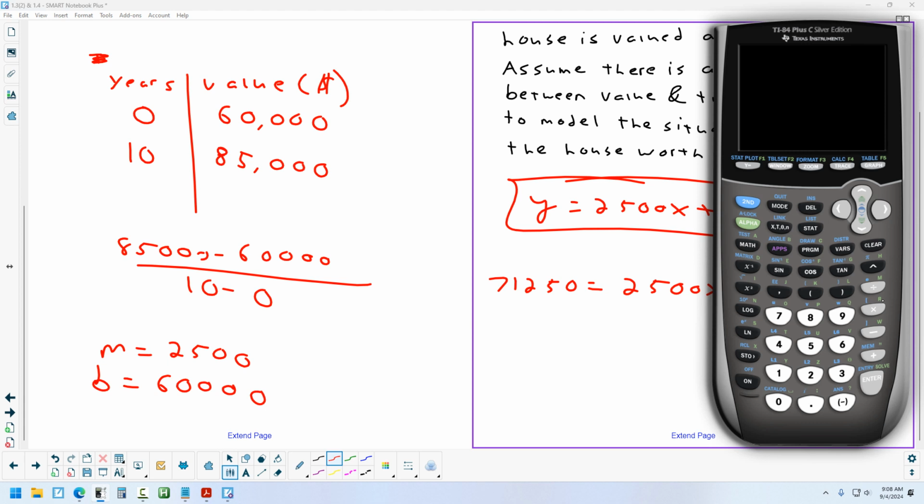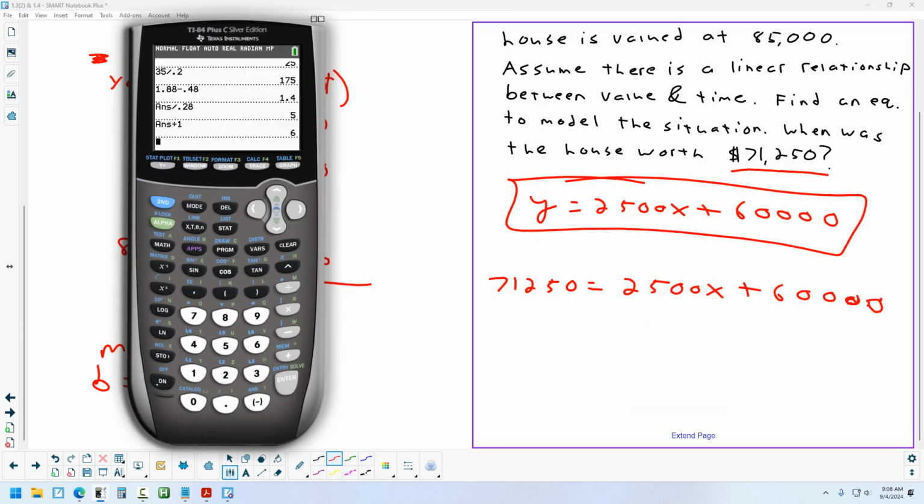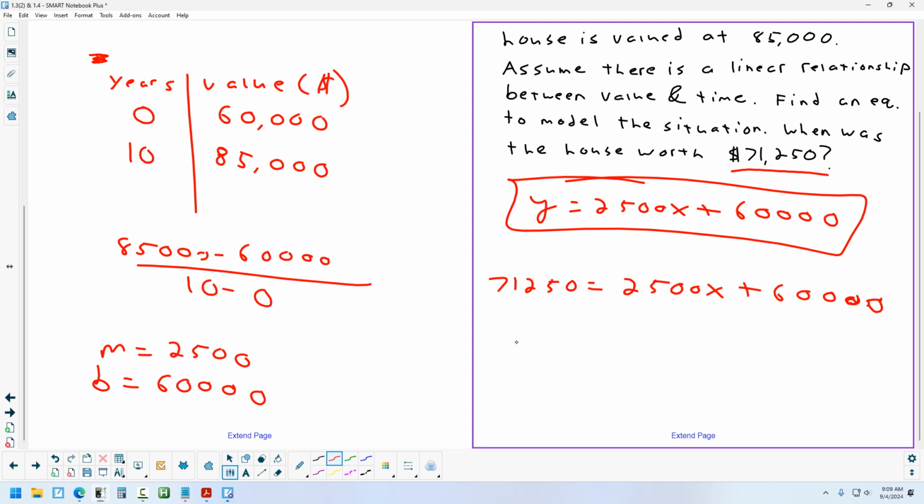All right, so we'll bring the 60,000 over to the other side. So 71,250 minus 60,000, and then divide that by 2,500. So 4.5 years after the initial value is when the house was worth $71,250.